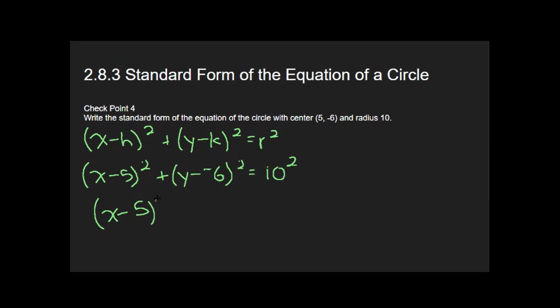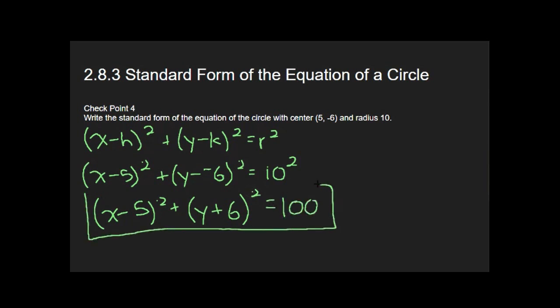X minus 5 squared plus y plus 6 squared is equal to 100. And this is the standard form equation for the circle with the center at 5, -6, and a radius of 10. So check your answer and make sure that you did all the steps correctly. If not, go back and rework it.